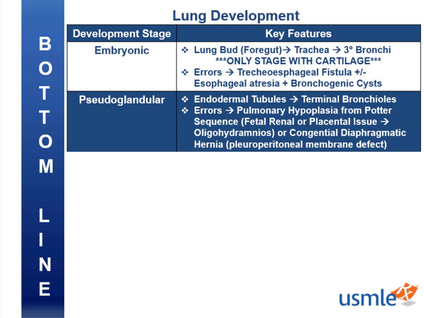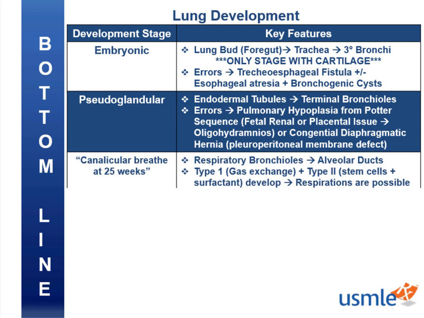Errors at this stage can occur in any stage of the fetal period and involve pathologies restricting growth of the lung. Causes of pulmonary hypoplasia, such as Potter sequence from fetal renal issues or placental issues leading to oligohydramnios, or a congenital diaphragmatic hernia due to a defect in the pleuroperitoneal membrane.